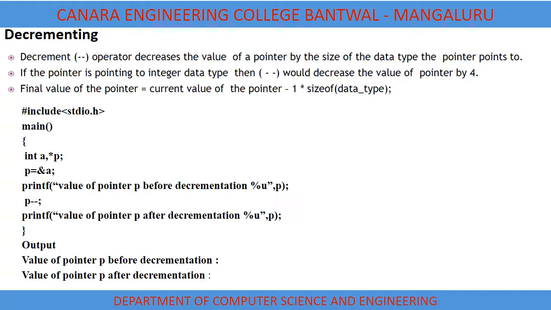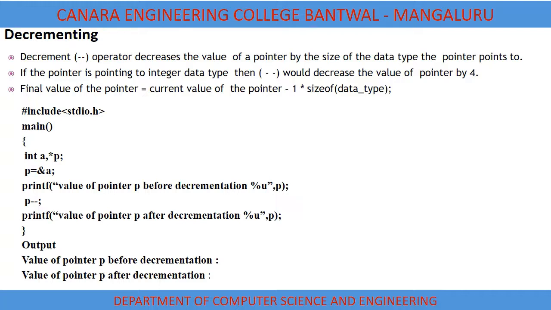Depending upon the compiler, if it is 32-bit then it is 4 bytes, and if it is 16-bit then it will be 2 bytes. So what will be the final value? The final value of the pointer is equal to the current value of the pointer minus 1 into the size of the data type. Whatever the size of the data type, the pointer decreases accordingly.